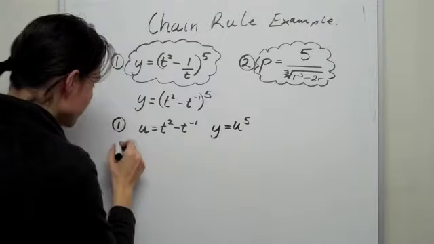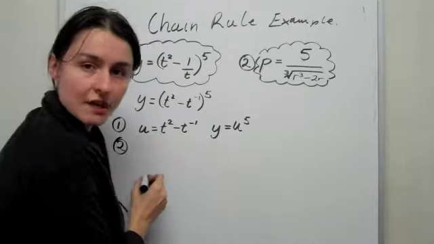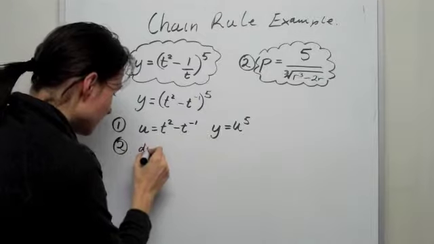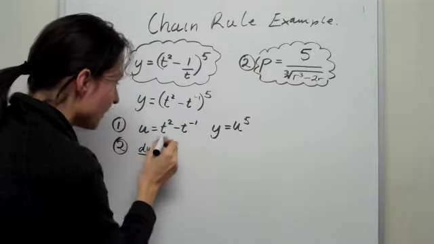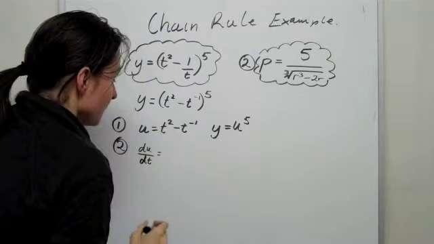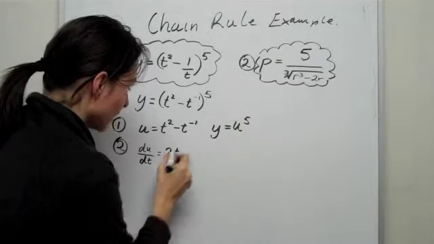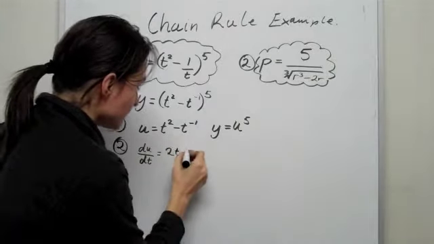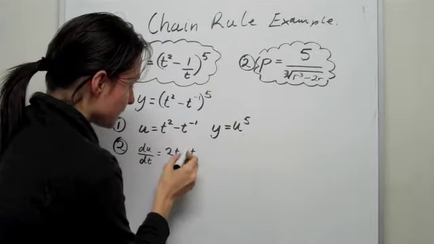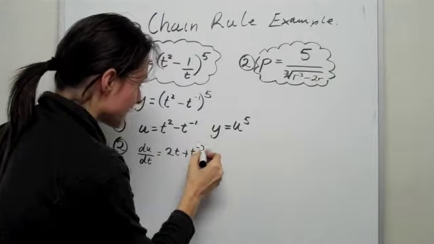The second step that we take in the chain rule is to achieve the differentials. So we just need to basically write du. We differentiate that, du over dt, because that's our variable this time. If you differentiate this, you're going to get 2t to the power of 1 plus t, because -1 times this negative in front gives you a plus, and this power is going to get reduced by 1, so it's actually going to make it -2.